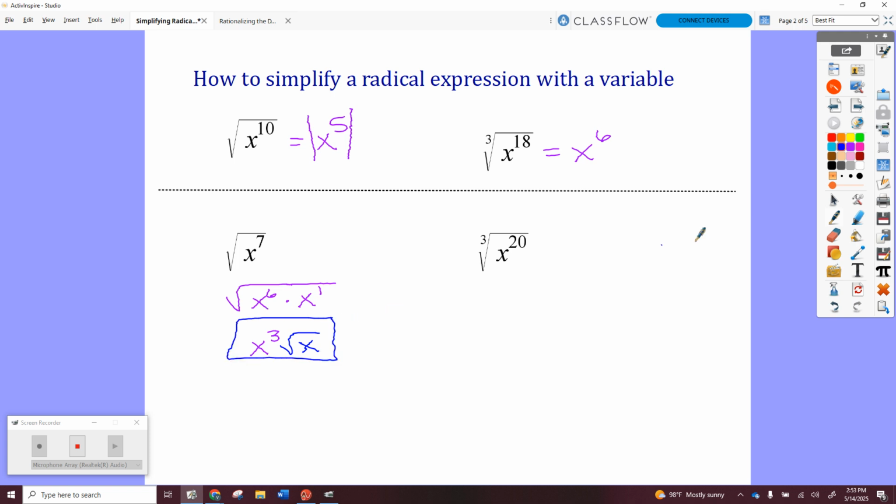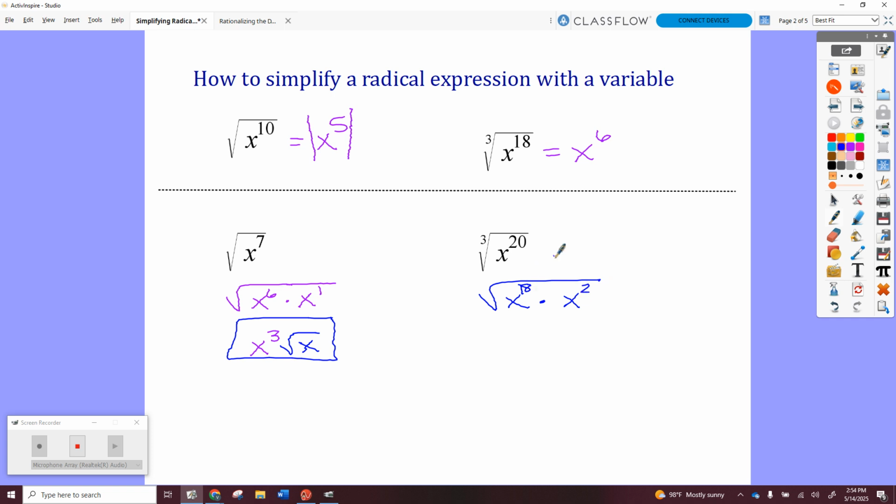So same thing here. I can't divide 20 by 3, so I need to break this up into exponents where one of them I can divide by 3. So actually, it's good that we had this right here because I know I can divide 18 by 3. So I'm going to use x to the 18th power times x to the power of 2.